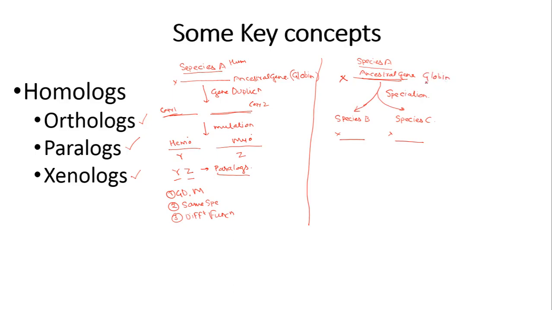It was present in the ancestor of human and chimpanzee. This species A diverged into species B, that is human, and species C, that is chimpanzee, and it has retained the same hemoglobin in humans as well as in chimpanzee. Therefore we say that hemoglobin in humans and chimpanzee are orthologs of each other.